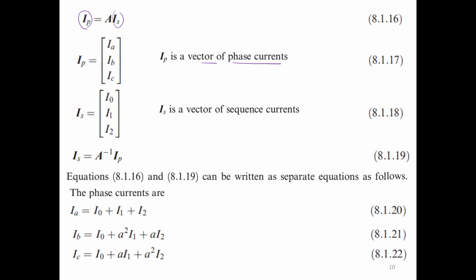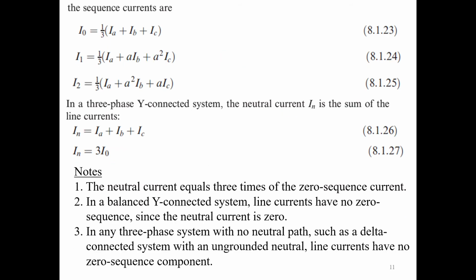IS is the sequence current: I0, I1, I2. The same relationship pertains, because you multiply this by the inverse on both sides, then you find IS based on the known IP. This is a similar expression as we showed earlier.